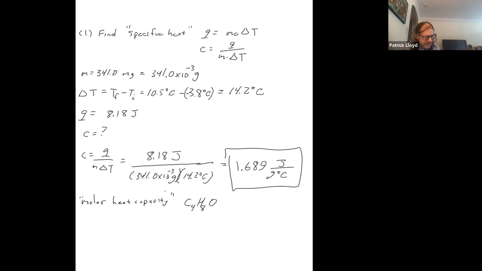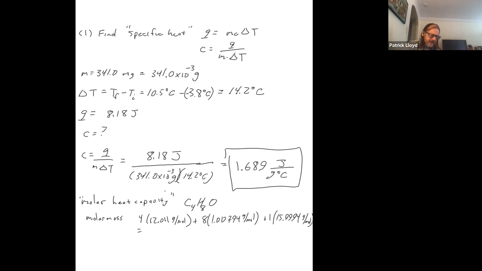So what I'm going to do is calculate the molar mass, okay? So 4 times 12.011 grams per mole, 8 times 1.00794 grams per mole, 1 times 15.9994 grams per mole. I'm getting better at memorizing these numbers, at least for the hydrocarbons.